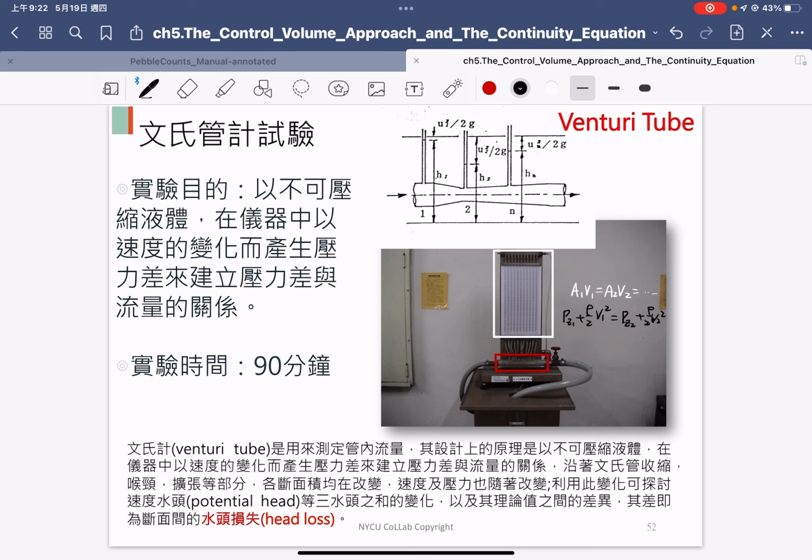Because we already have the velocity at different cross-section areas, we put the information into the Bernoulli equation, and then we know the pressure difference. So we use the two equations to compute the pressure difference.